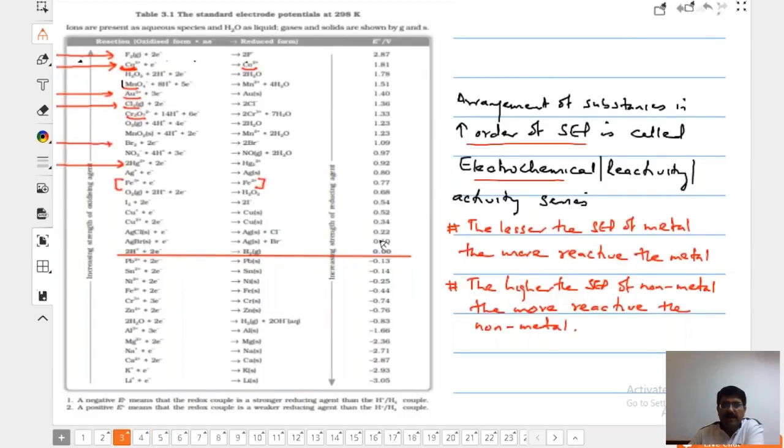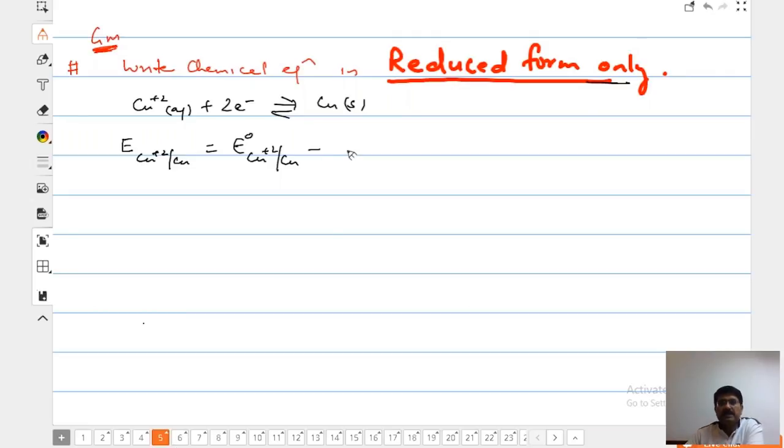Copper, it will be 0.34 somewhere here. That is the value of E naught. Correct? Minus RT by 2F, you understand 2? And it is natural log of 1 by copper plus 2. Do you understand, children?